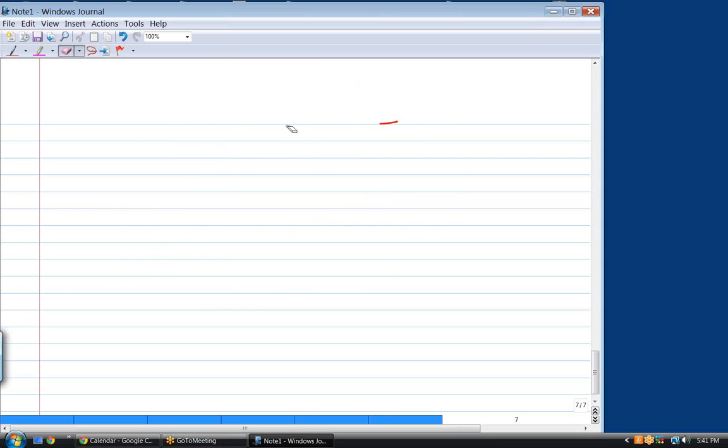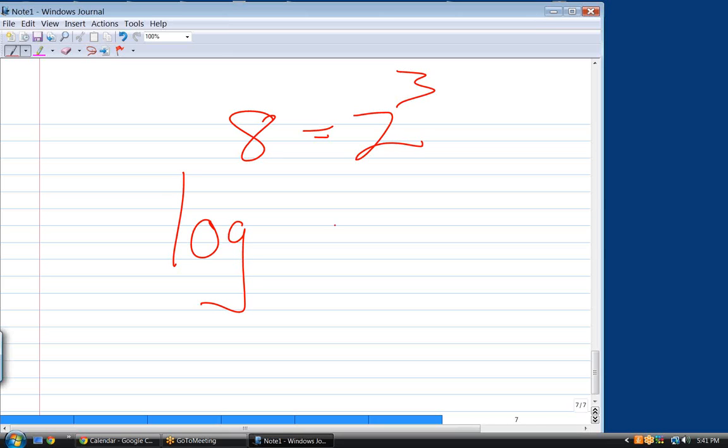Let me just do a few of these here. If 8 equals 2 cubed, give me the logarithmic expression of that. It would be log 8. When you say log 8, are you saying the base or the argument?